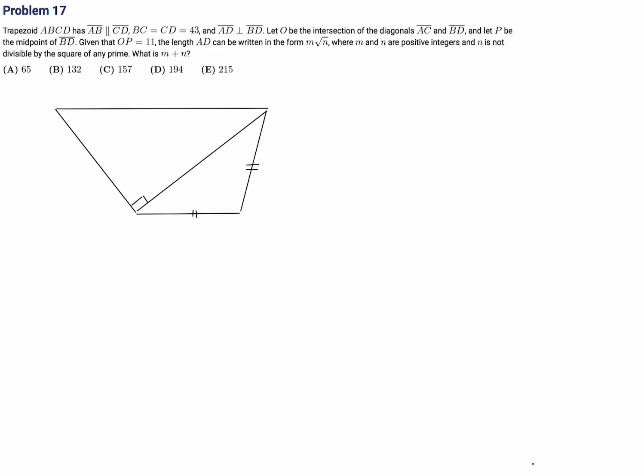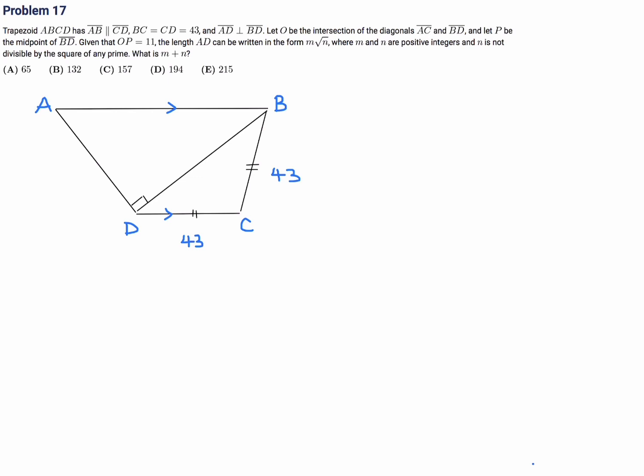And let's label this now. So A, B, C, D, and then AB is parallel to CD. BC is equal to CD, and both of those are 43. And then AD is perpendicular to BD. Okay, perfect. So we got it all. And then what are they saying here? O is the intersection of AC and BD.